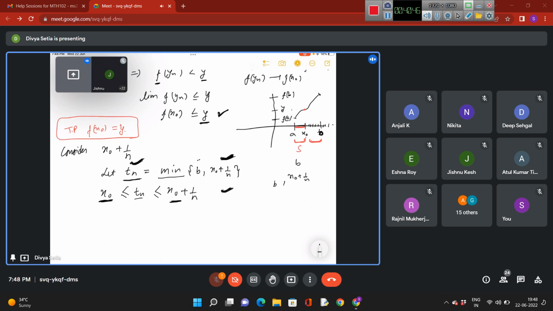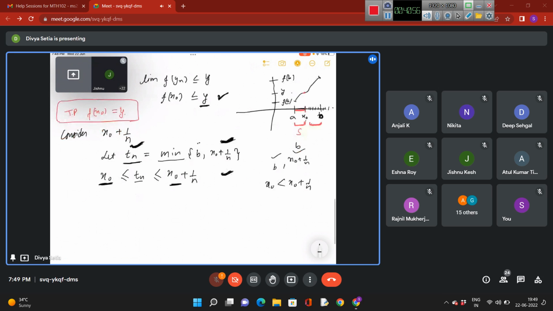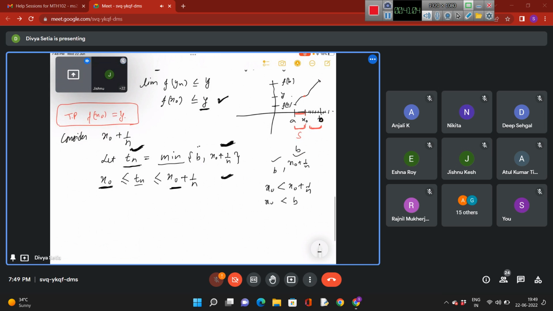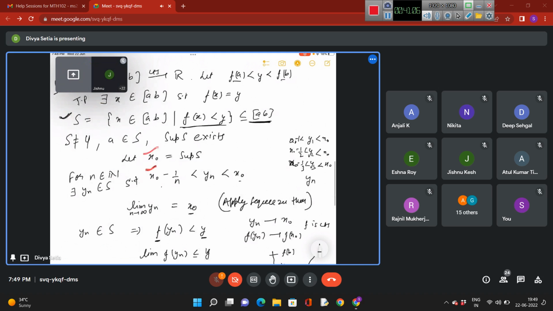And why is it greater than x naught? Because either the minimum will be b or x naught plus 1 by n. x naught is less than x naught plus 1 by n, right? Strictly less than. And x naught is also less than or equal to b because x naught lies between a and b. B is an upper bound of this set and x naught is the supremum of this set.